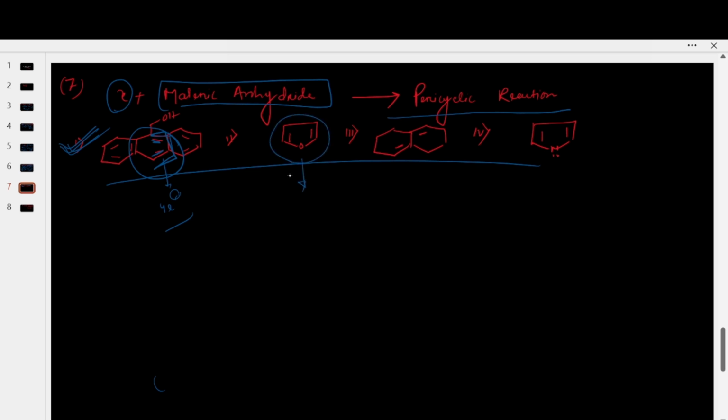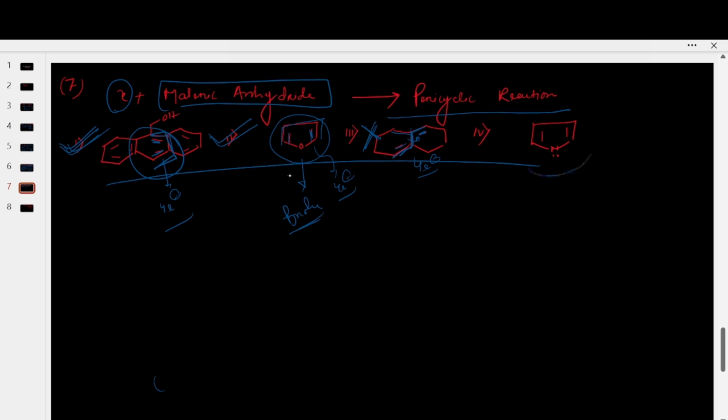It is furan. Furan contains 2 double bonds that are a source of 4 electrons and are in cis configuration, so it also takes part in the Diels-Alder reaction. See here, 2 double bonds are there, a source of 4 electrons, but they are in trans configuration and can't be interchanged to cis because it is a ring system. So option 3 is not taking part in the Diels-Alder reaction.